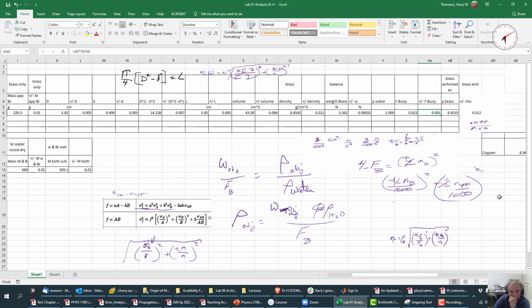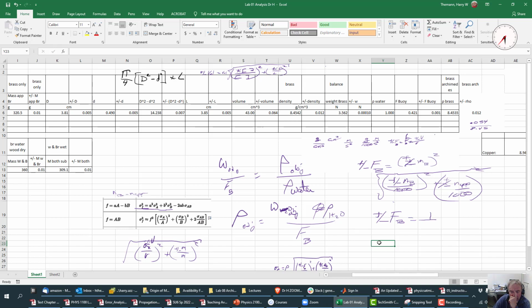And then we have to square root it. So I can see the common term. It turns out that plus minus F_B is just going to be 1 over 1,000 squared, but we can pull it out of the square root.